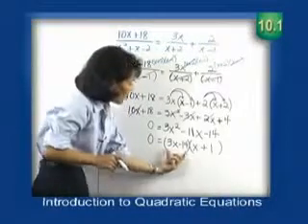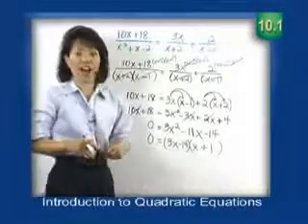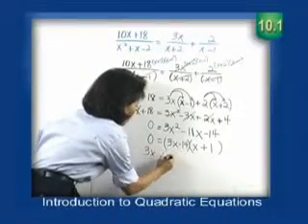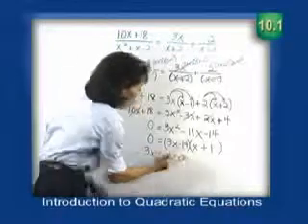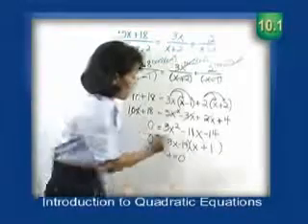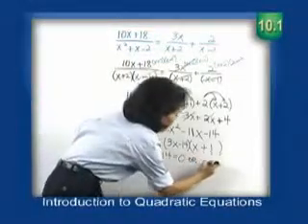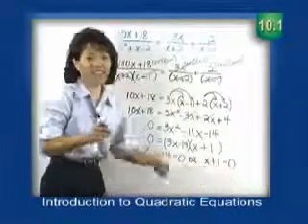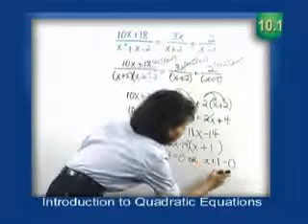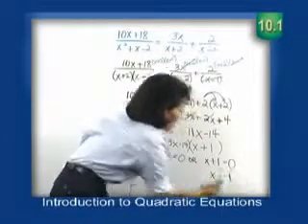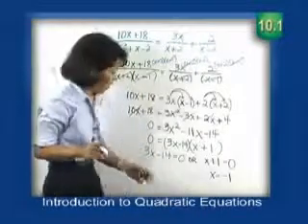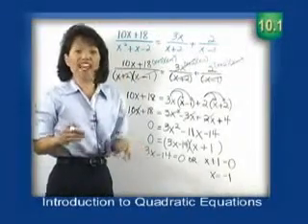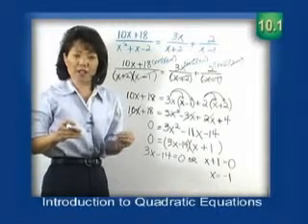Now that I have a product equal to 0, I can apply the zero factor property. I know that 3x minus 14 equals 0. This first factor equals 0. Or the other factor, x plus 1 equals 0. Since I'm down here and I see that's easy to solve, my first possible solution is x equals negative 1. On the second side here, we're going to add 14 to both sides, and then after that, divide both sides by 3.